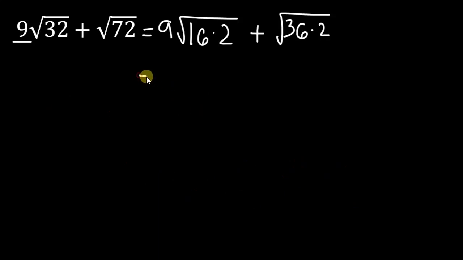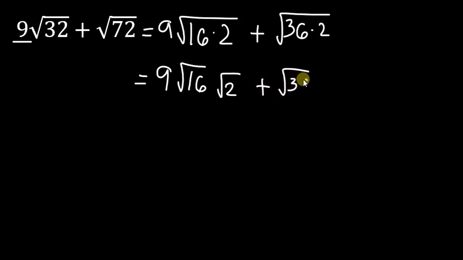Okay, so we can write this as 9 square root of 16 times square root of 2 plus square root of 36 times square root of 2. Okay, so 9. And square root ng 16 is 4.